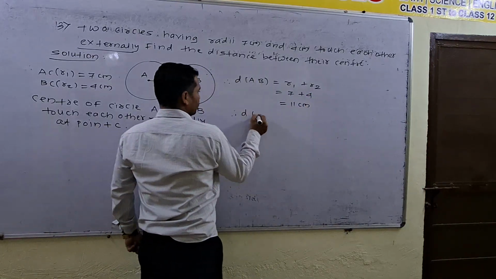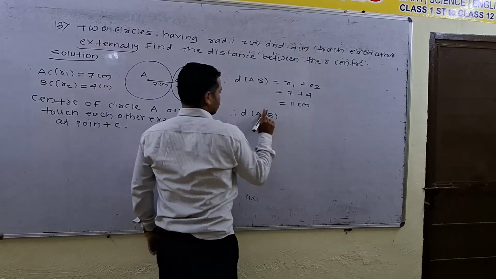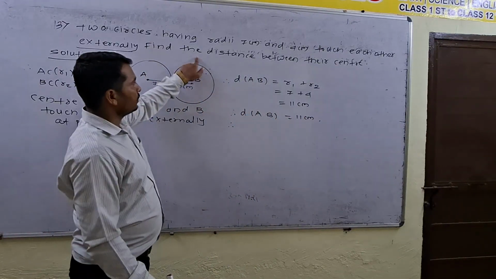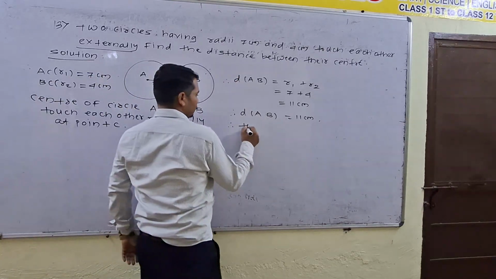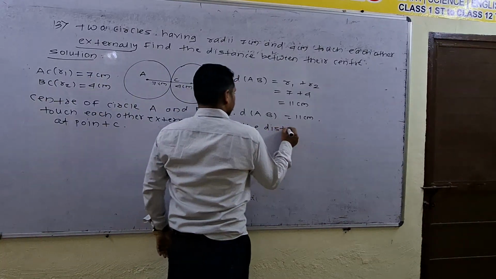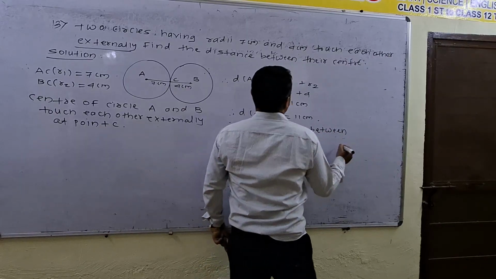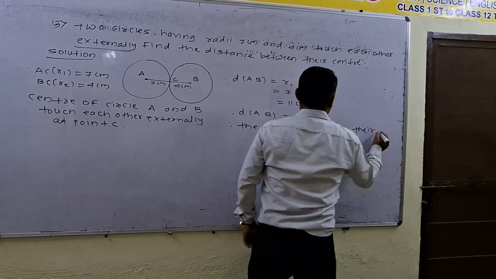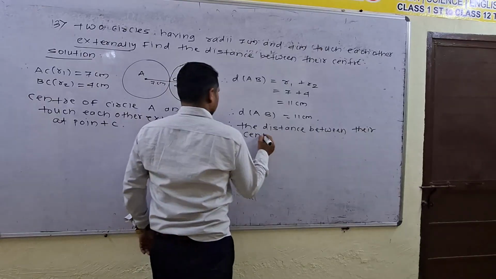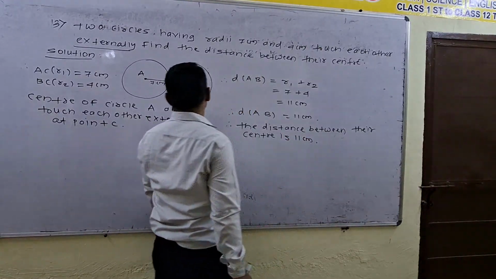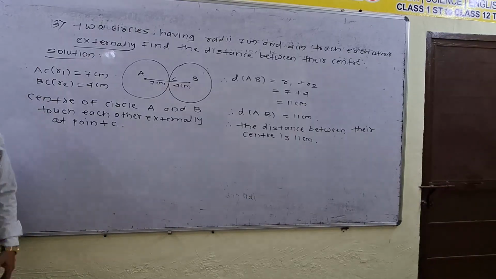That is why distance AB is 11 centimeters. Write down the statement: the distance between their centers is 11 centimeters. That's your right answer. Write down the fields first.